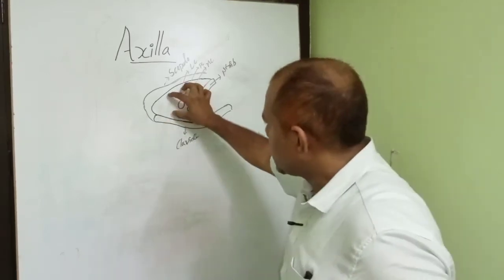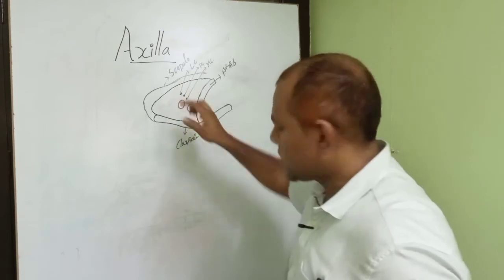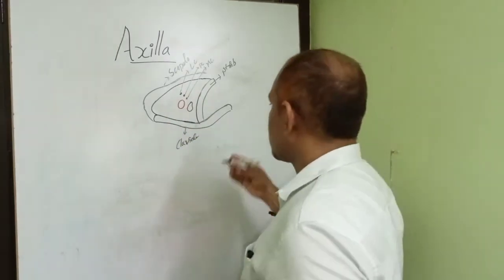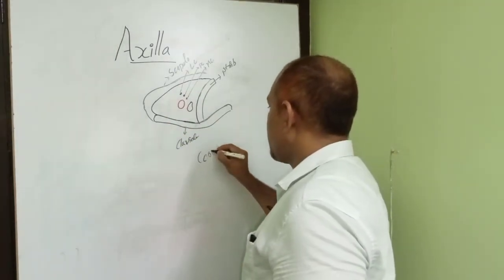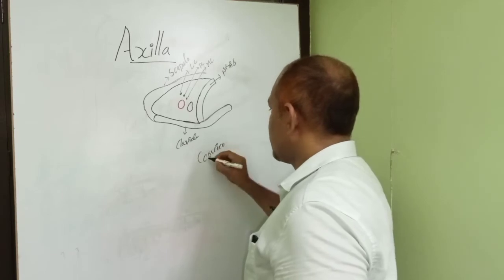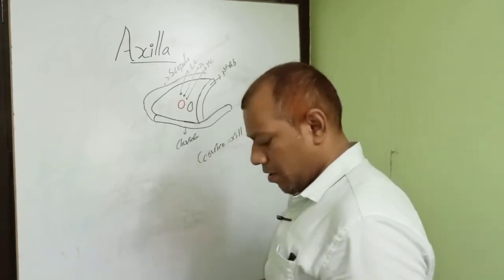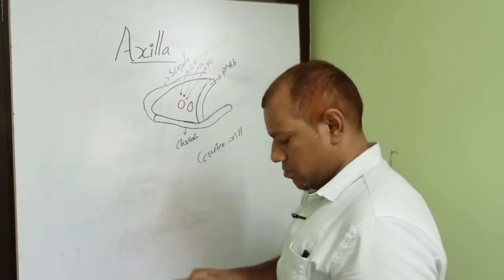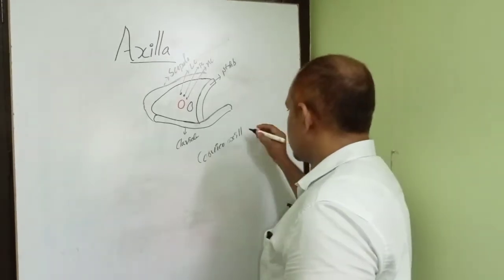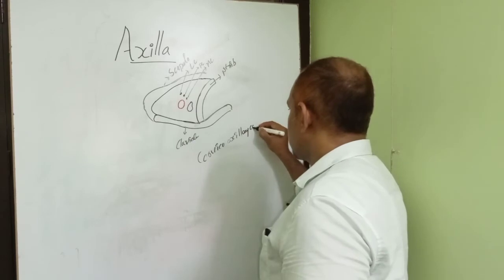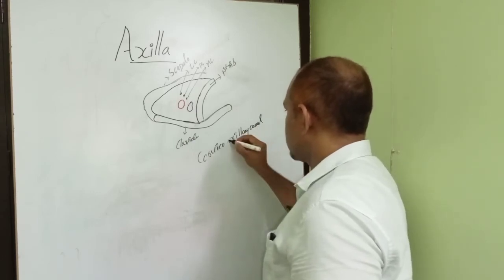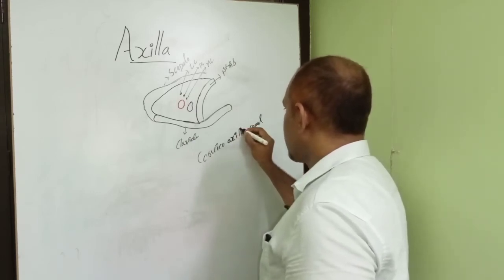This is why this apex is called the cervico-axillary canal.